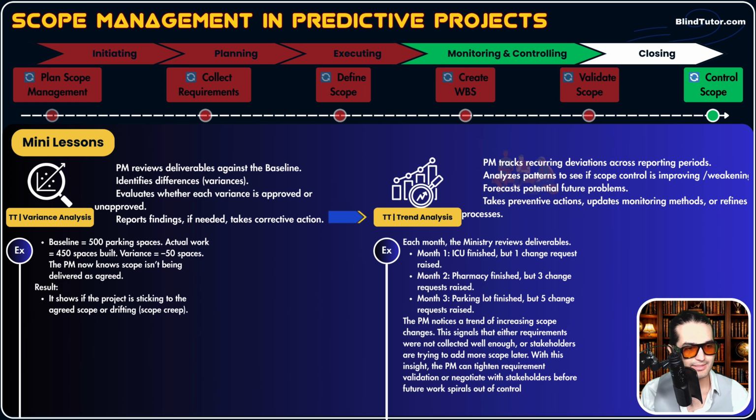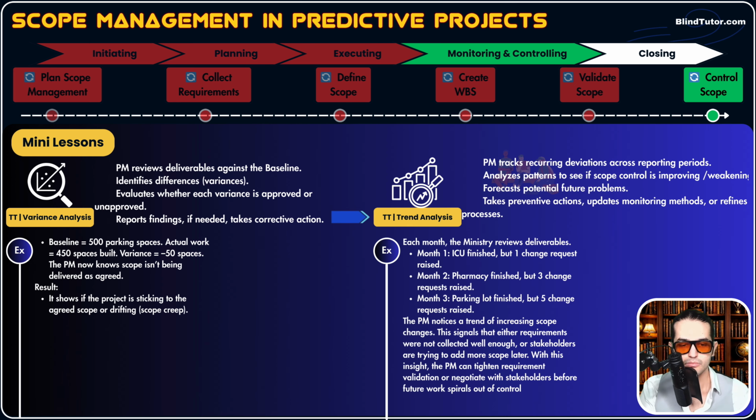Why? Because if we had collected all requirements of stakeholders, why would they request these changes? So one of the possibilities is that requirements were not collected well enough, or stakeholders are trying to add more scope, just their preferences.